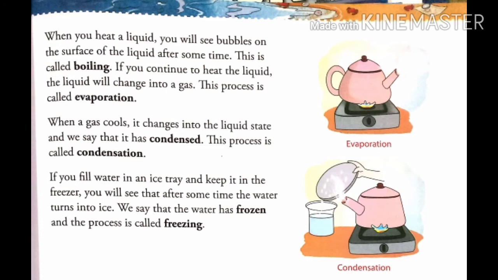Next comes evaporation. So students, when we heat any liquid substance for some time, it will give out bubbles, and this process is known as boiling. And if we continue this process of boiling for a longer time, we will see that the liquid will change into gas.